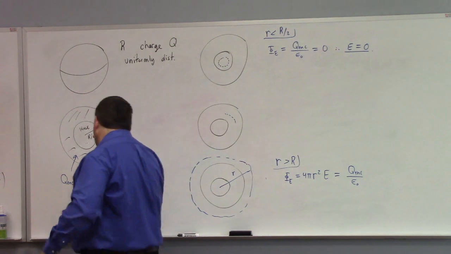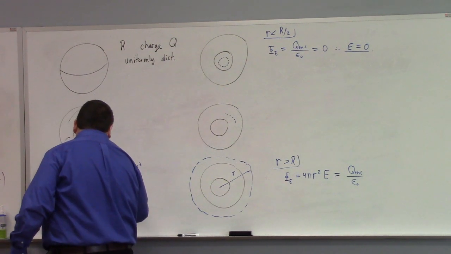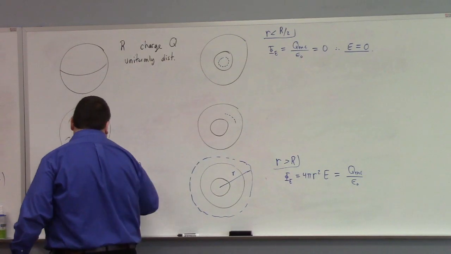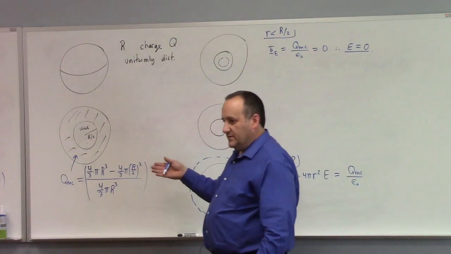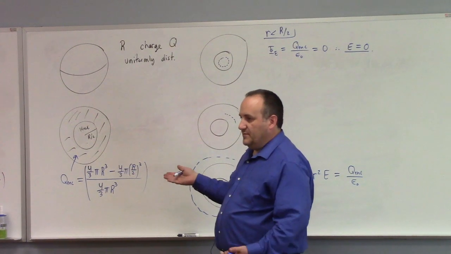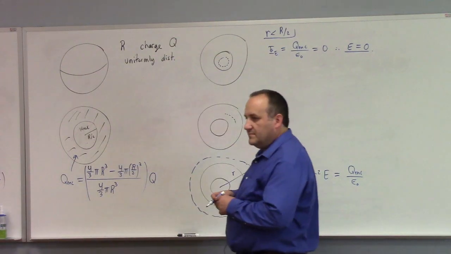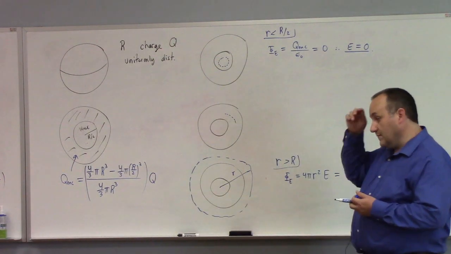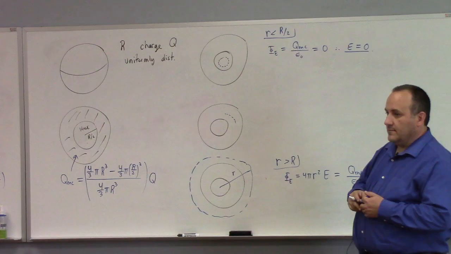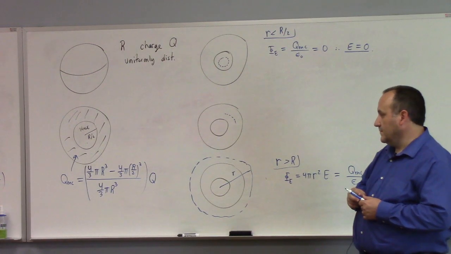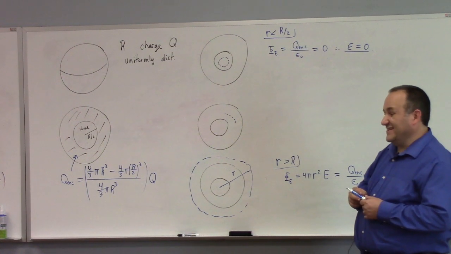And downstairs, 4/3 pi R cubed would be the total volume, right? If I'm setting up this fraction, this is the fraction of the remaining volume to the total volume, right? So I just multiply that by Q, and that should give me the charge. So it looks like I have subtracted an eighth.